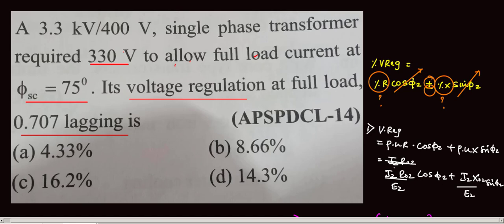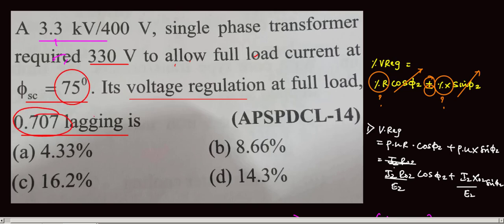He is applying 330 volts on the HV side. What is the rated voltage on the HV side? 3.3 kV. Now what is the voltage regulation?